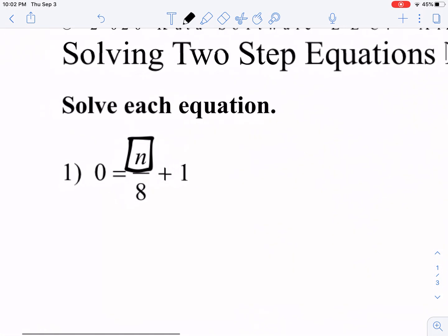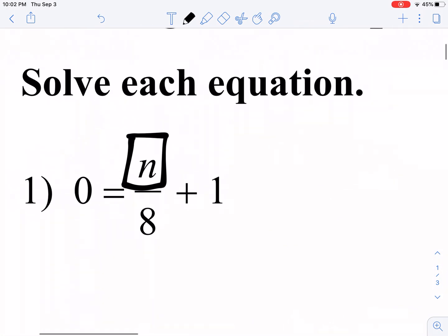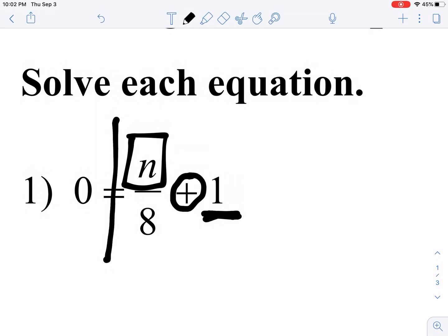A good way to think of it is we want to deal with the number on the same side of the equal sign as the variable that is furthest away. So notice we're going to take care of this addition of 1 first. And what I mean by that is we need to move this number to the other side.